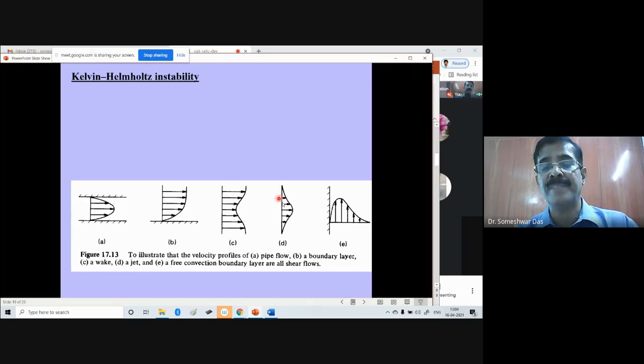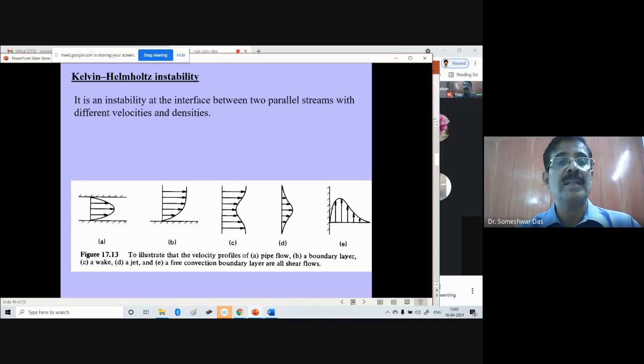This also can cause wind shear, and in turn instability. Then the fifth category is a free convective boundary layer, where again you have a maximum, and as you go away, it decreases. These different types of flow pattern can cause wind shear, which in turn can cause instability and create wavy structure in the atmosphere.